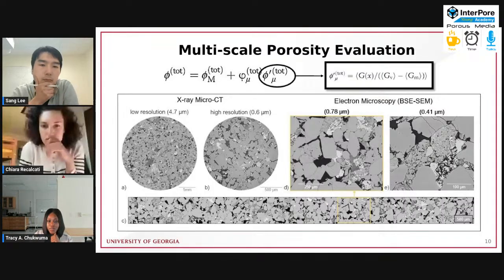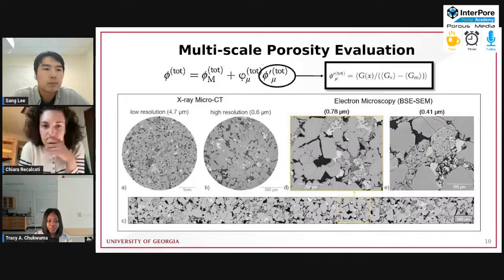This microporosity is based on this relationship in bold black here, where you relate the average gray level of your microporous zones to the average gray level of your voids, being your pores, and the average gray levels of your matrix or solid. When you calculate that intrinsic mean microporosity factor, you then multiply it against the microporous zones fraction in your entire volume. Then you get the microporosity of that volume. We then added that to our macropores to get our total porosity from the low resolution X-ray micro-CT.